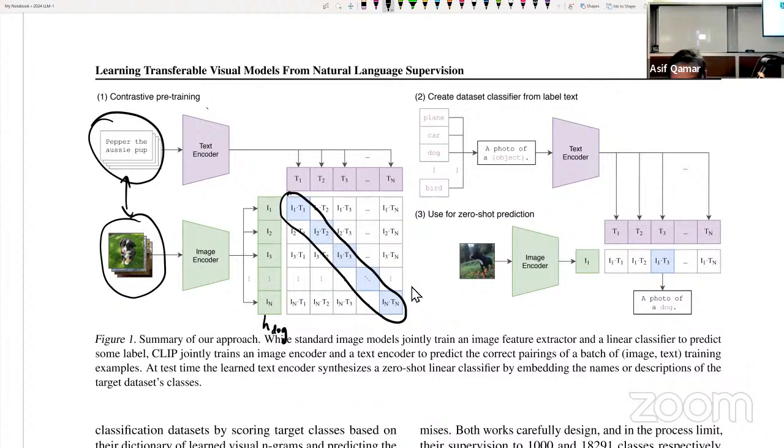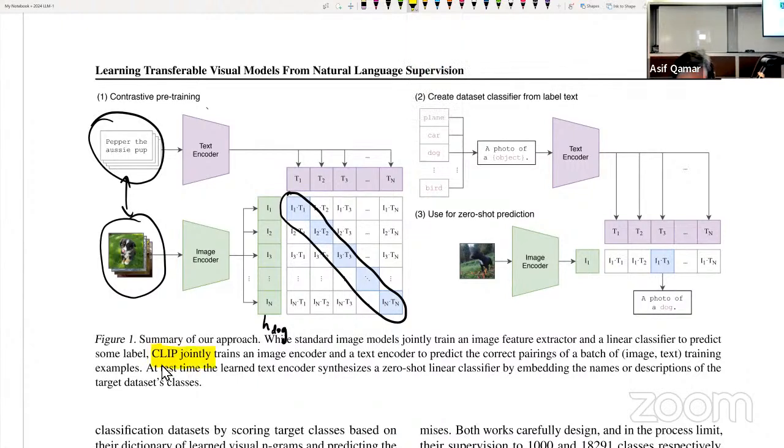And so the statement that is here, let's read this. Summary of our approach. While standard image models jointly train an image feature extractor and a linear classifier to predict some label. So that is the normal ViT, etc., that we went through, or ResNet and whatnot, any of the CNN based. Read this sentence.